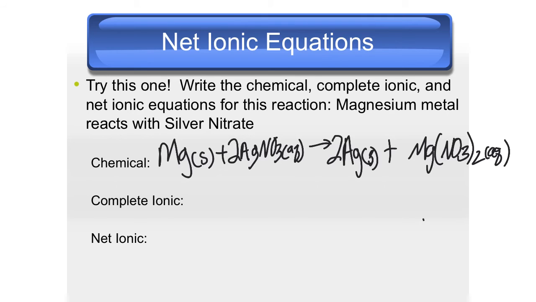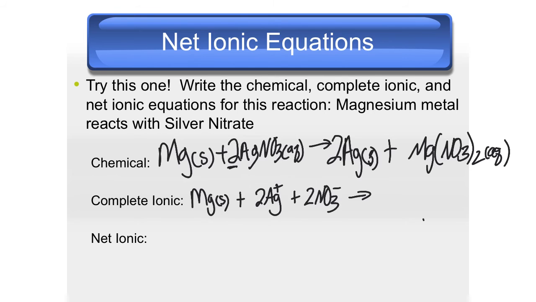A complete ionic, anything that's AQ gets split up. If it's a solid, liquid, or gas, we keep it the same. So magnesium is a solid, so we do not change it. However, silver nitrate is aqueous. And there's a 2 here, so it's 2 silvers, and we put the charge to show it's an ion, plus 2 nitrates.